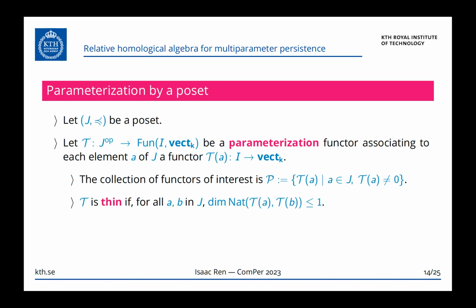There is one more question from the audience. You have to speak a little louder. Yeah, why do we work over a field K? Why not an R module? That's a good question. I think for now it's just for computation reasons.